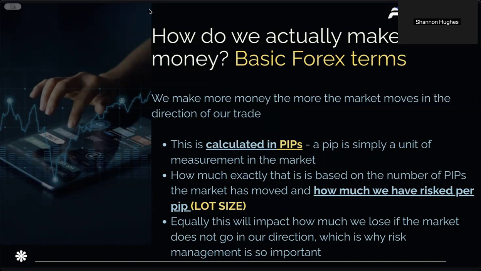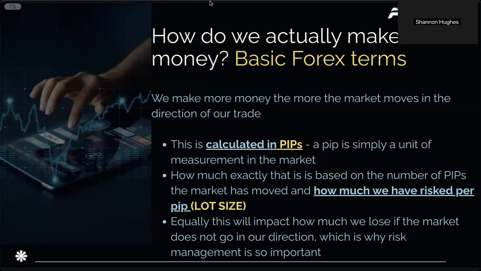Now, this is calculated in something called pips. A pip is literally just a unit of measurement of the market. So if I were to say I'm 182 centimeters tall, the centimeter is a measurement of my height. If I was shorter, there would be fewer centimeters. If I was taller, there would be more centimeters.